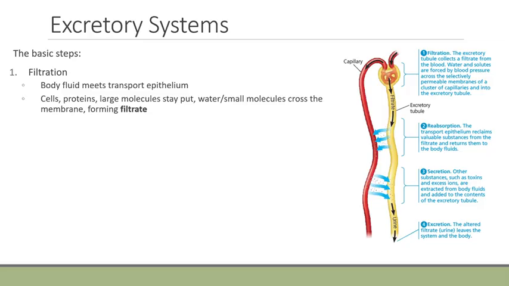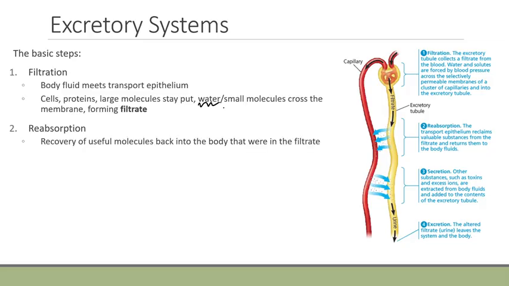We will talk a lot about this in the next section in this chapter. If there's some filtering, we're losing things like water, even though we really want that water to stay. We're actually going to do some recovery of a lot of useful molecules.